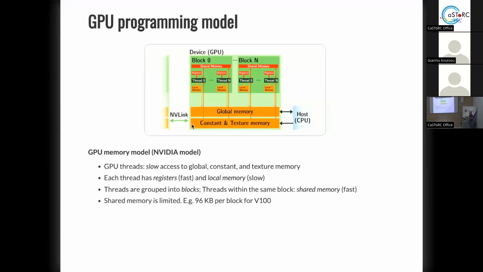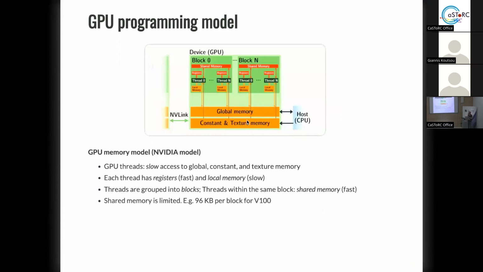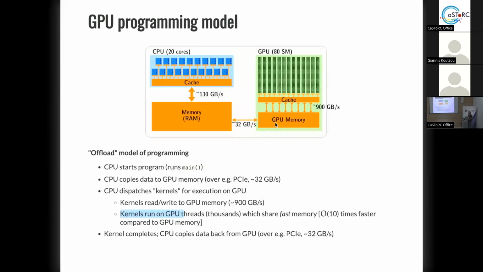So there's global memory and so-called texture memory. Global memory is what I called here the GPU memory. These two orange boxes here correspond to this single orange box here.